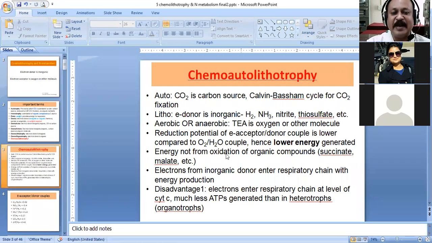If you compare that with the standard pair, that is oxygen and water, where water gives the electrons to oxygen. If this standard pair is not there, then the amount of energy generated from this kind of electron transport is lower, right?